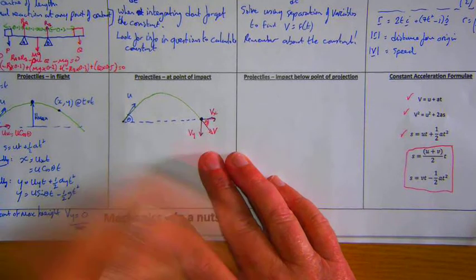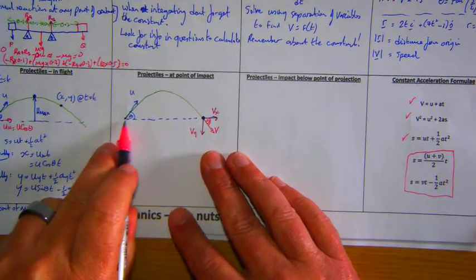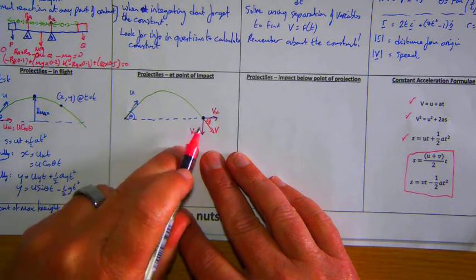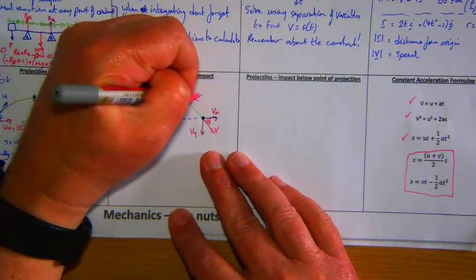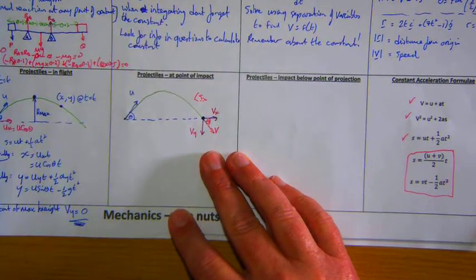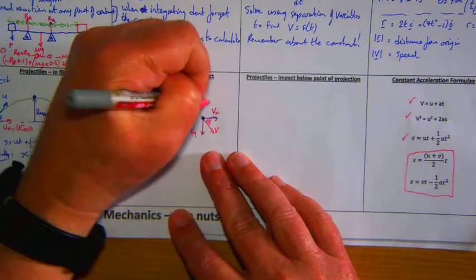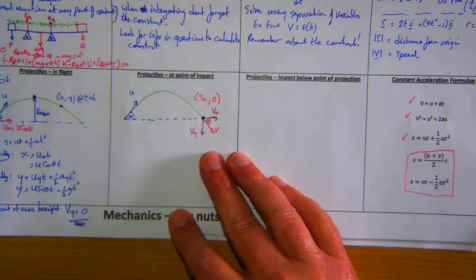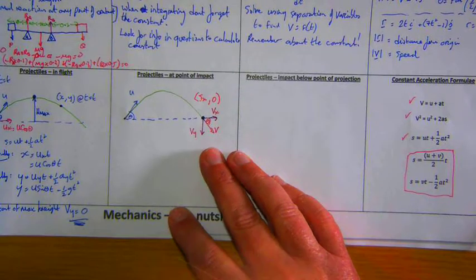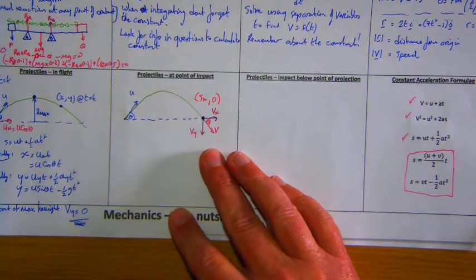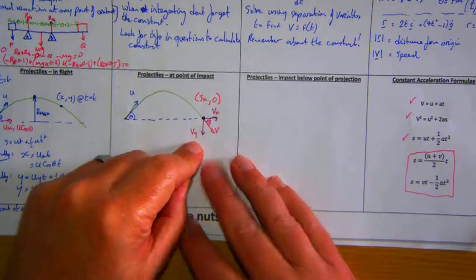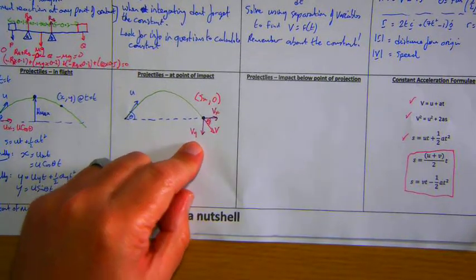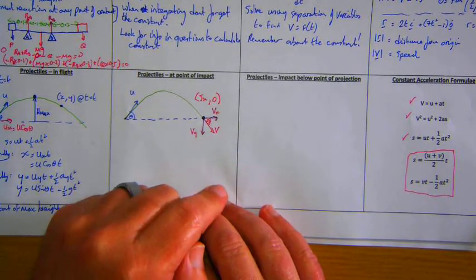You also know that if it takes off and lands on the same plane, it is going to have an x coordinate sx, whatever that horizontal distance is, and it'll have a vertical displacement of 0. It's come back and landed at the same level. So you may well get a question which asks you to calculate the speed and direction that the particle is travelling when it hits the ground.